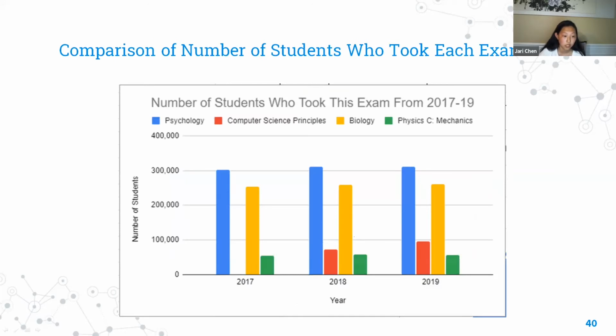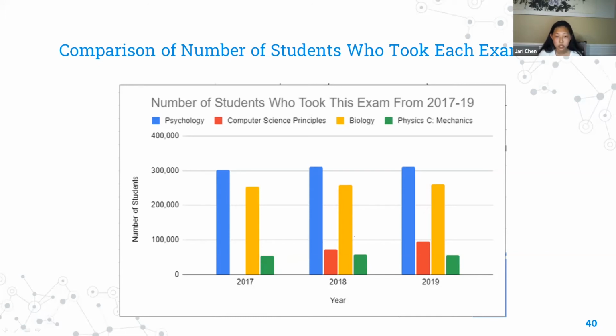And then finally, here's how many students took this class or the exam each year. As you can see, psychology, because it's one of the easier classes with pretty easy content, most people take this, resulting in a high number of people who take this exam.